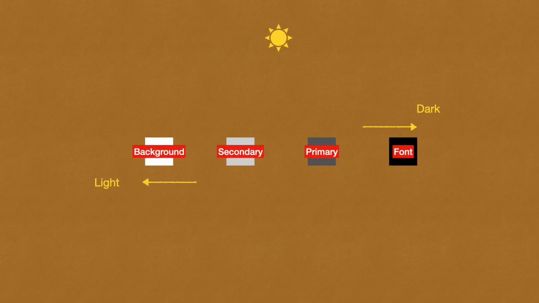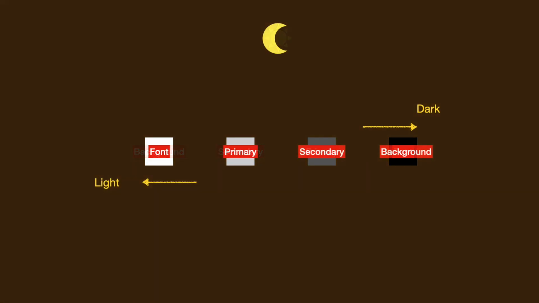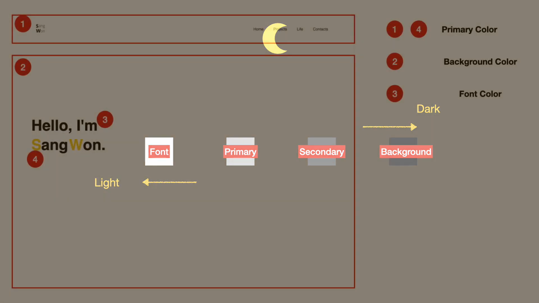After I sort the colors by brightness, I can set them as background, secondary, primary, and font. We have 2 modes of color theme, the light mode and the dark mode. In the light mode, the background will be the brightest of those 4 colors, and the font will be the darkest. In the dark mode, I set the colors vice versa.